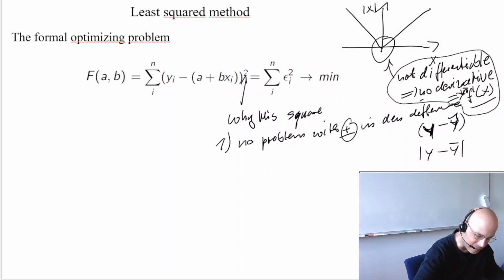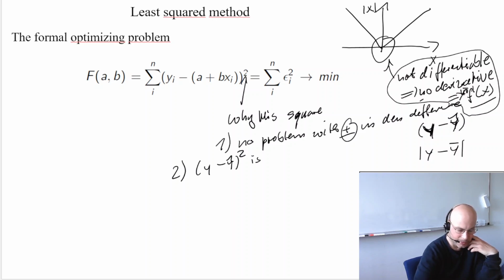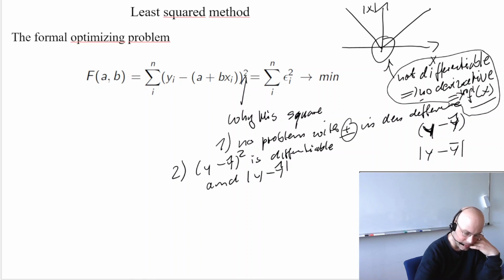So therefore, we can say that maybe a second point for why we choose the square is that it is differentiable. So y minus y hat squared is differentiable, and the absolute value of y minus y hat is not.